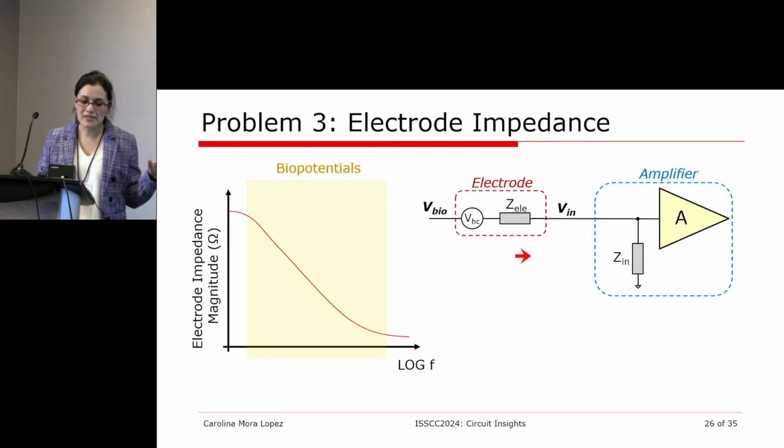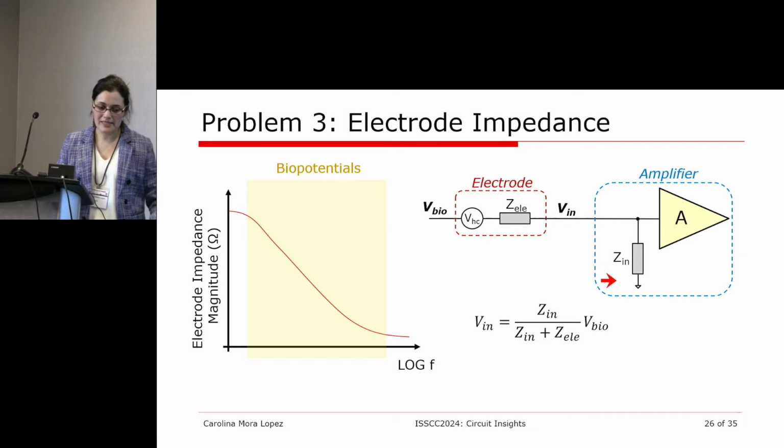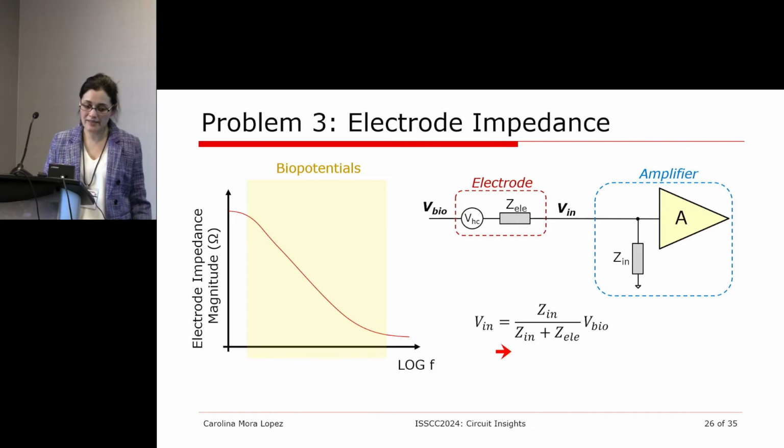So your input signal will actually also be attenuated by this voltage divider caused by the electrode impedance and the input impedance of your amplifier. In this case, we don't want to attenuate the input signal because that actually ends up in higher noise. What we want is that this attenuation is very small.